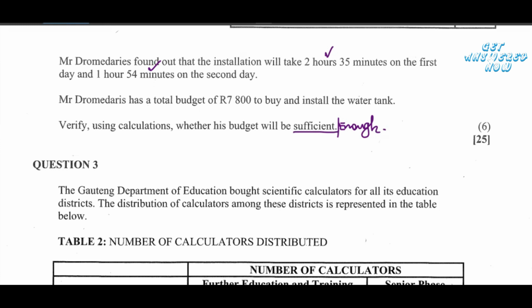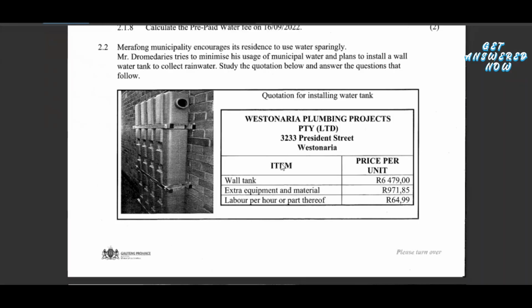Let's analyze this. Go back to the information. The information says he has to buy a tank, and the tank is at 6,479. Extra equipment and material stands at 971.85, and labor per hour or part thereof. Part thereof simply means, should someone work for 1 hour and 15 minutes, this will be considered to be 2 hours.